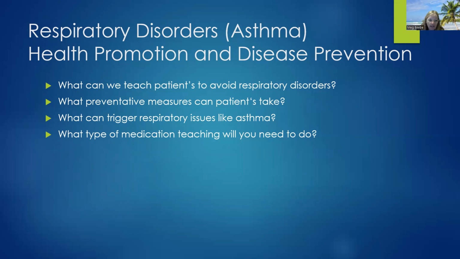So triggers could be environmental factors, especially warm to cold and humidity. Make sure they avoid air pollutants if possible, avoid strong odors such as perfumes, and treat allergies with medications as needed. Stress and emotional distress can also trigger asthma attacks.